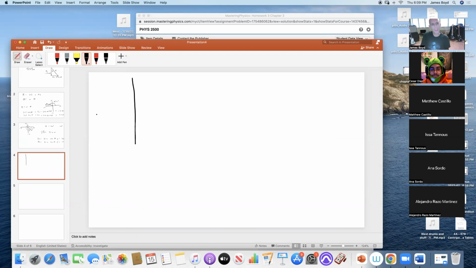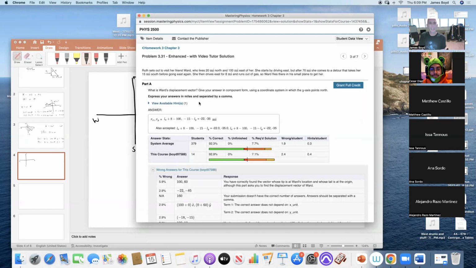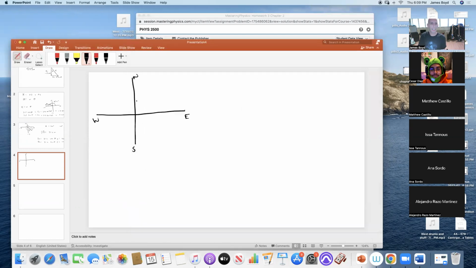Starting from the origin, east is along the positive x, west is always negative x, south is negative y, and north is positive y. Says that her friend Ward lives 20 miles north and 100 miles east. So that's somewhere like here, 20 and 100.